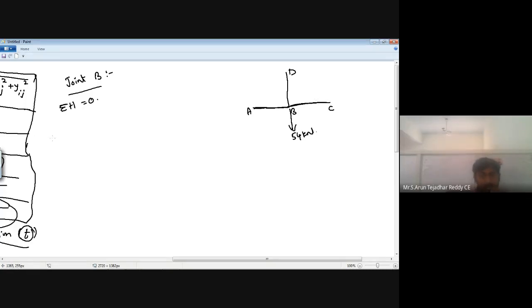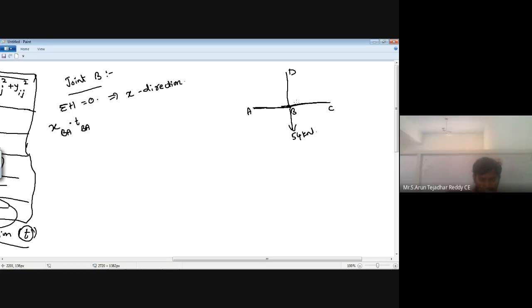Now, same formula. Horizontal force means it's the X direction. Joint is B, so B to A: XBA should be multiplied with the tension coefficient TBA.